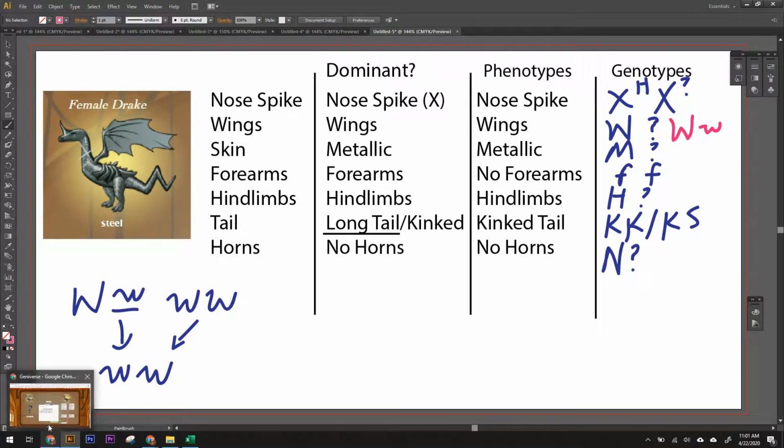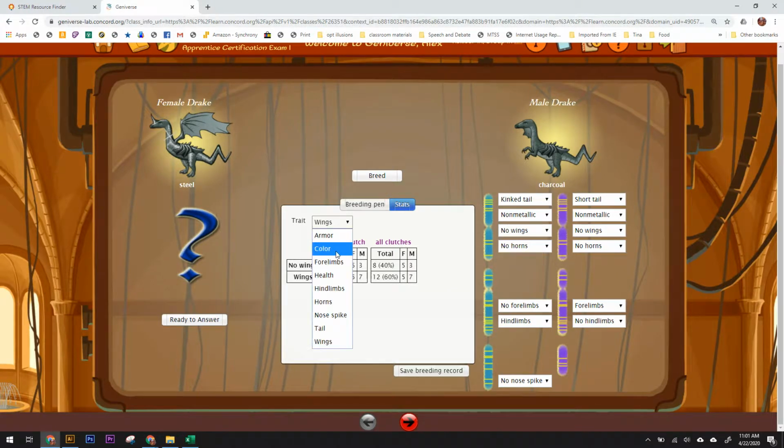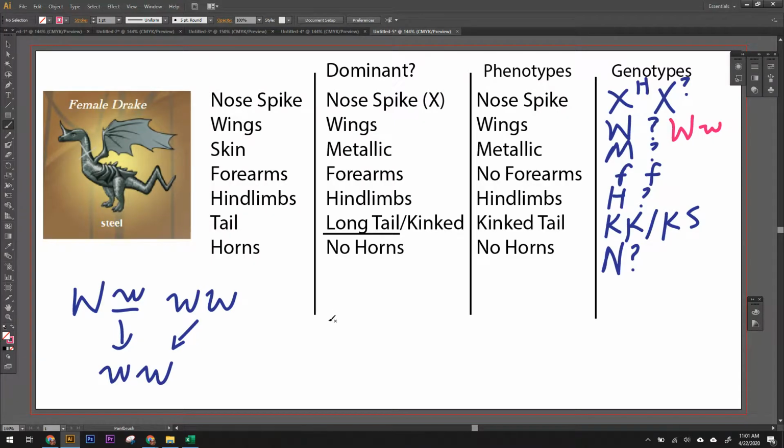Let's take a look at the skin. Again, some are charcoal, some are steel, so some are metallic, some are non-metallic. We've got 60-40, but we know how that works its way to 50-50. So again, if we apply the same sort of thinking here, we know that mom has at least one dominant allele because she is metallic.